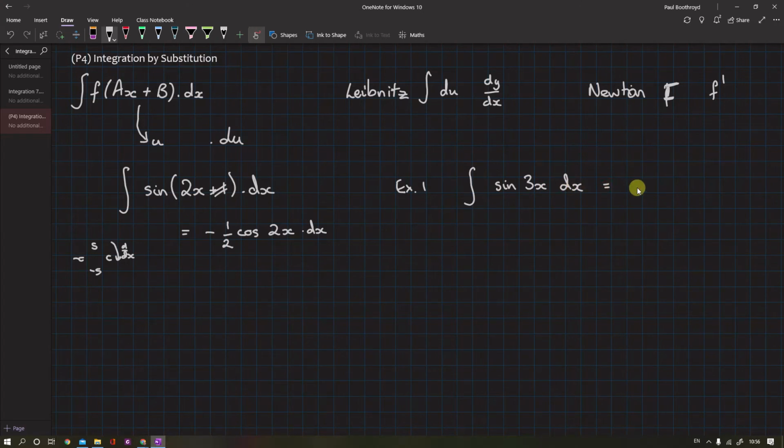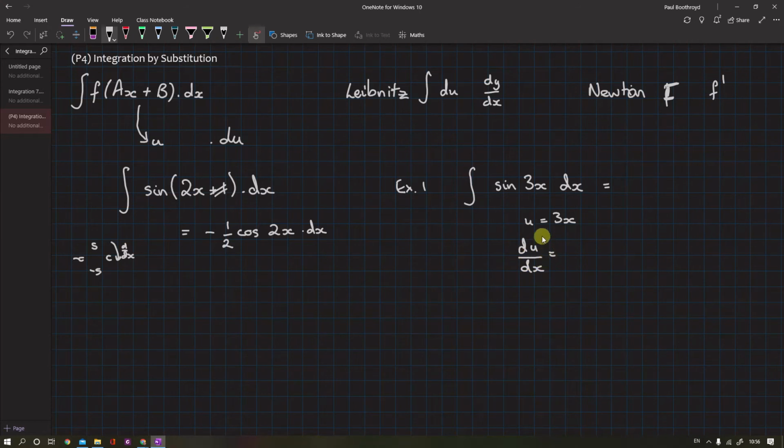What we need to be able to do is change this function into another function that's based upon it. I also need to change the dx. Now we can get dx by doing du dx.